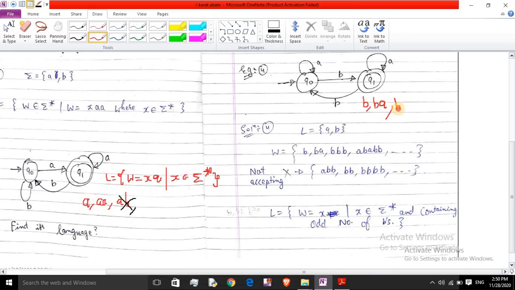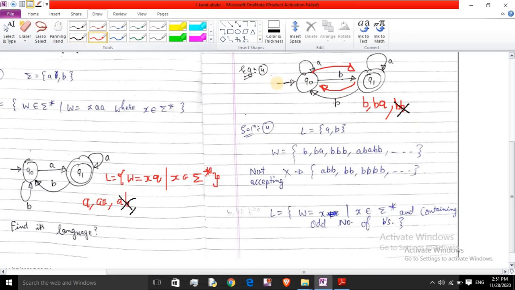But if there are two B's, then this machine is not accepting, because on the first B we will move to this transition, and on the second B we will move from Q1 to Q0. Q0 is not our final state, as we can see here in the given question. So this double B is not accepted here.